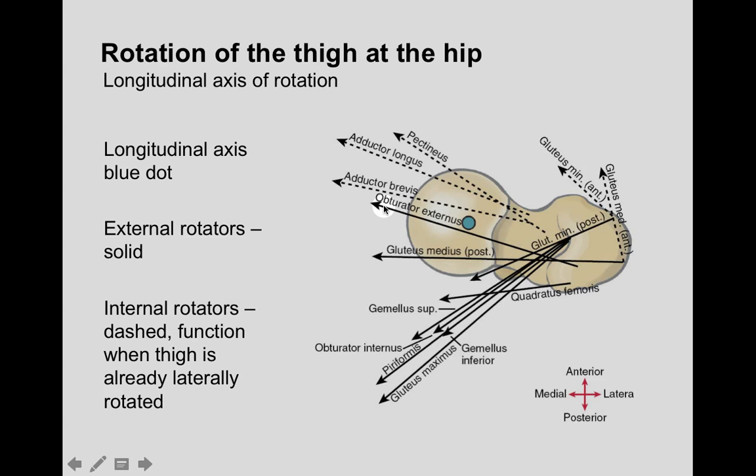Obturator externus is technically an external rotator, but it is not going to be a primary external rotator just due to its line of pull. Internal rotators are depicted in this illustration as dashed lines. And they are going to primarily function when the thigh is already laterally rotated.